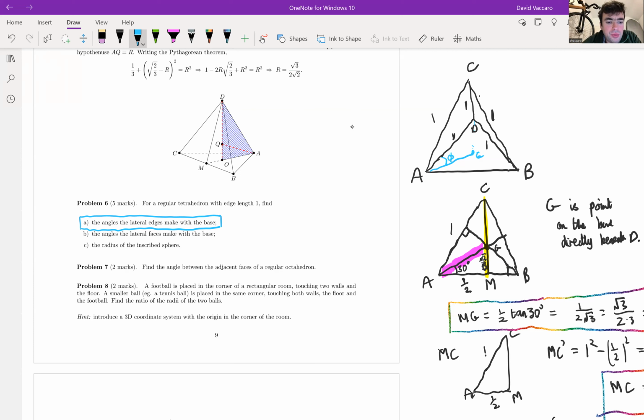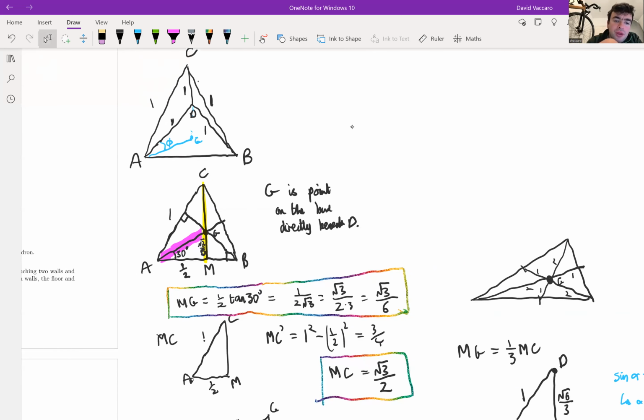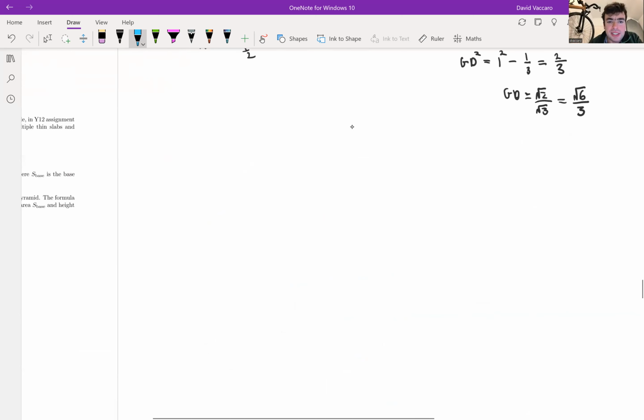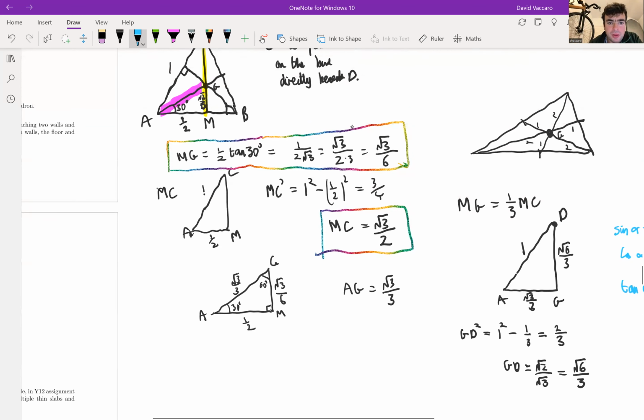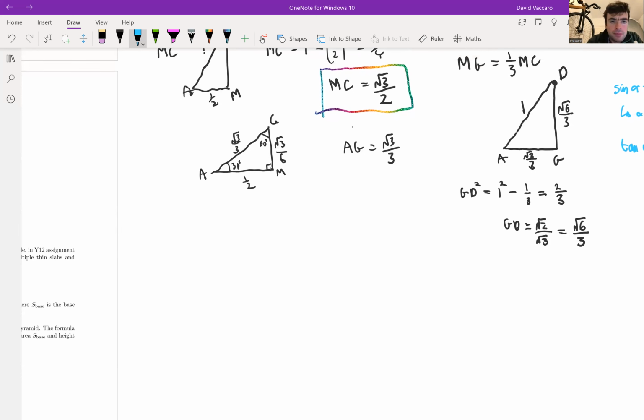Okay, it then says the angles that the lateral faces make with the base. So for the lateral faces, we now want to use not the length AG. We're now looking at the angle made by DG and then going to the midpoint DM, and this angle in here, I'll call it psi. So the triangle we want there is DGM.